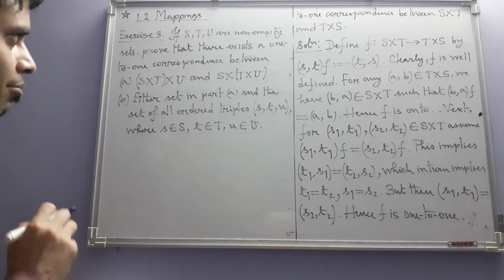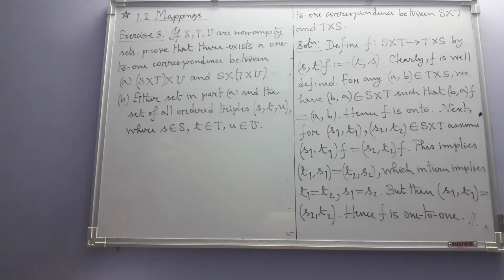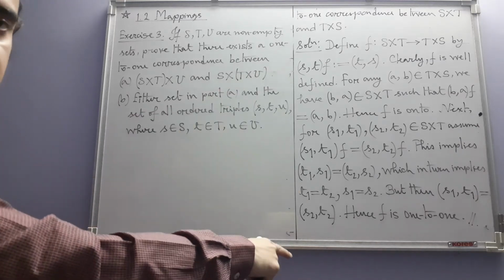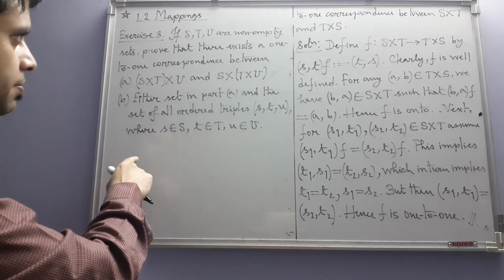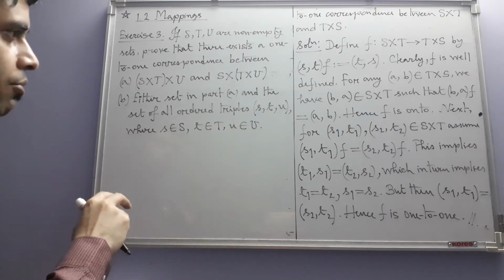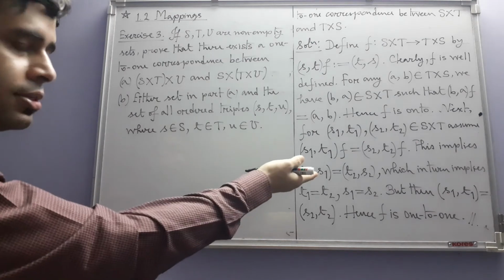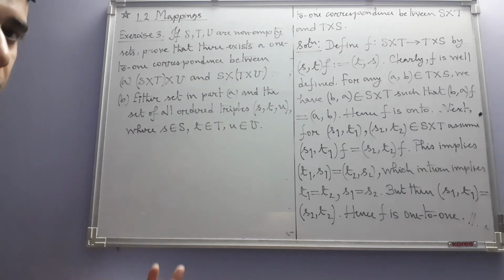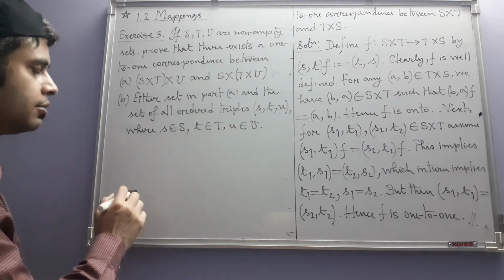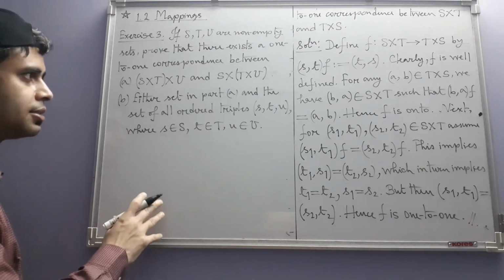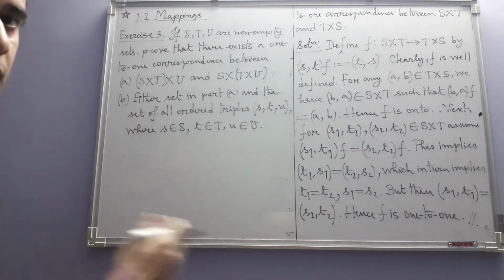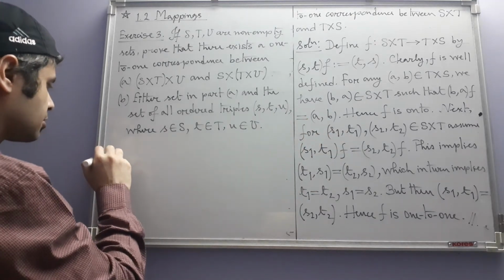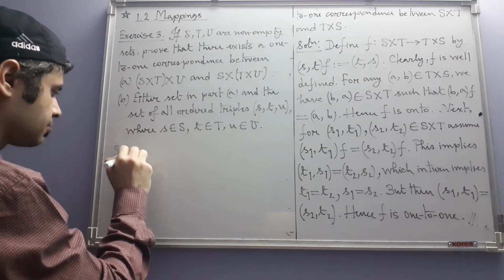I will just mention the functions and you prove that they are one-to-one correspondences, just like this. The proofs will be somewhat more lengthy than this one, but after all they are not very difficult or something that is very different from this one. They are quite similar.